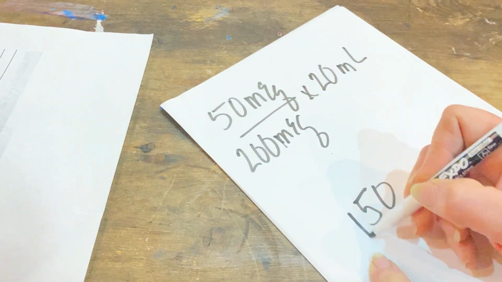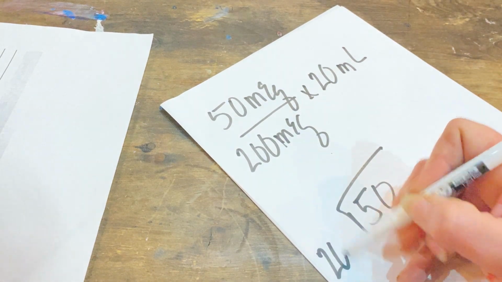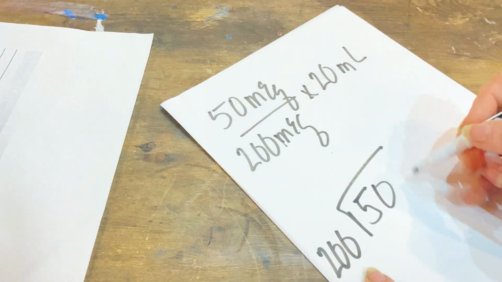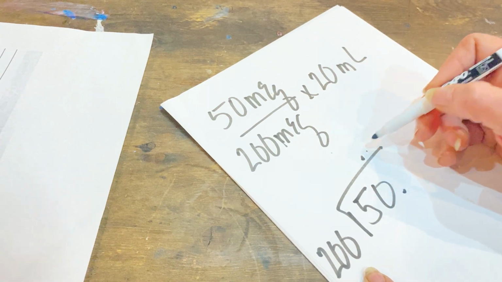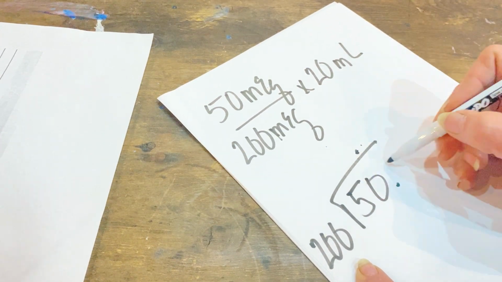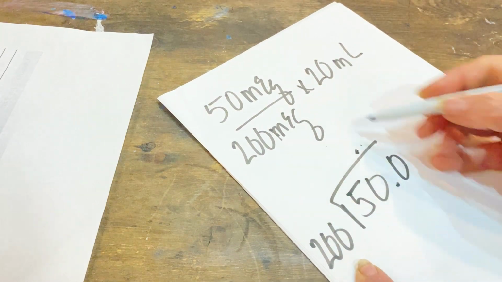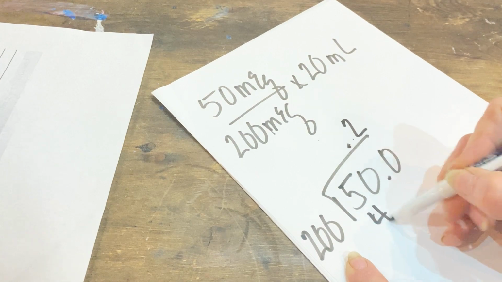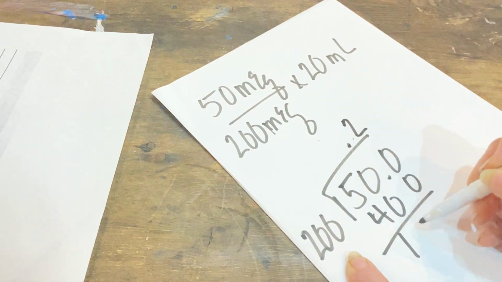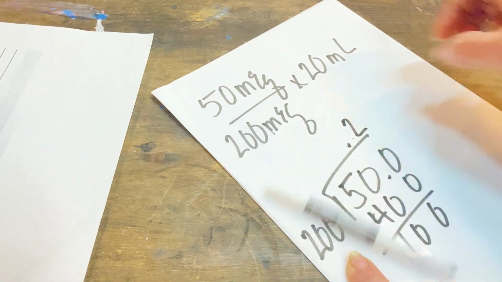To do long division, you have to put the 50 under because it's being divided by something. I'm going to put my decimal there because I know I got to add zeros, and I'll put it up there because I will forget. And that's going to be 200 into 500. It'll go 2 times. And that's going to be 400. And then we're going to bring that little sucker down right there.